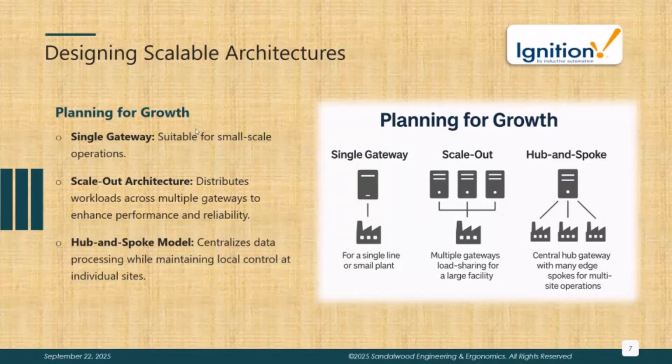So if we have a huge plant that might have 5, 6, 7 sister plants, we can have a central server consuming all that data from all the single gateways, and then acting as a hub and pushing out the data to all of our dashboards, reporting services, etc. Right? Whether you're running a single pilot line or coordinating dozens of facilities worldwide, the principle is always the same. We design for today, but we plan for tomorrow. And this is the approach that we like to follow. Okay.